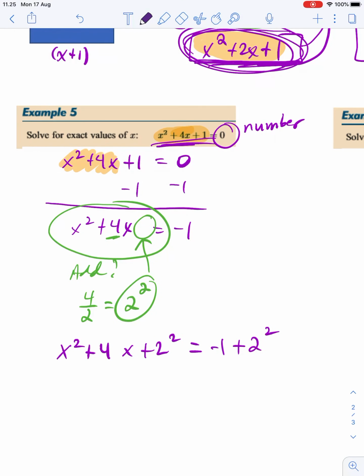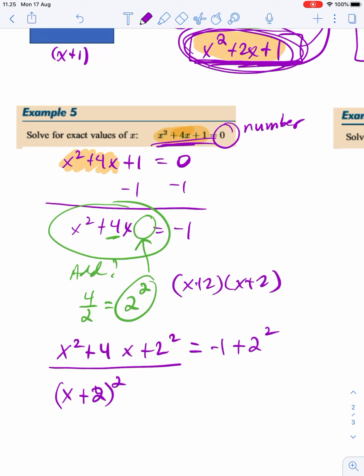And now you'll notice that we can just rewrite this as x plus 2 squared, because this is a perfect square. If you take some time, you can multiply x plus 2 times x plus 2, and you'll get this expression.